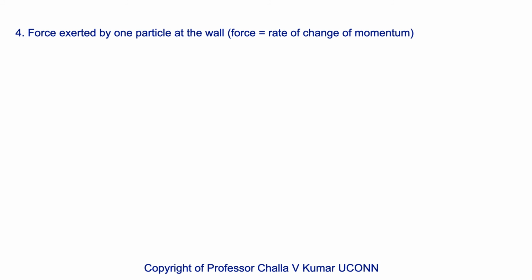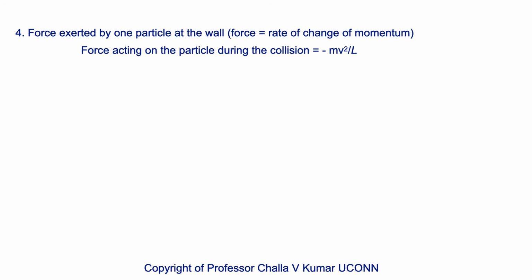So now we will ask, what is the force exerted by this collision of one particle at the wall? The force exerted is equal to the rate of change of momentum, from Newton's laws of motion. So we can conclude that the force acting on the particle during the collision by the wall is minus mv squared over L. So that's the force we calculate from Newton's law.